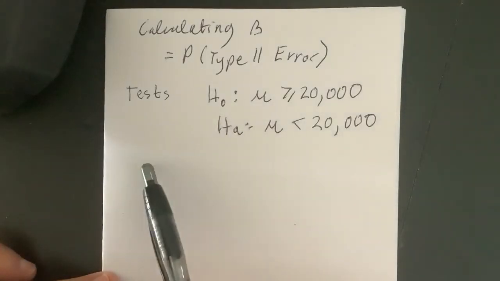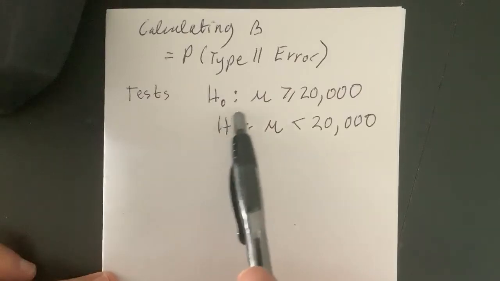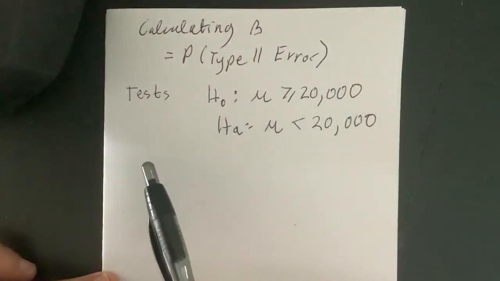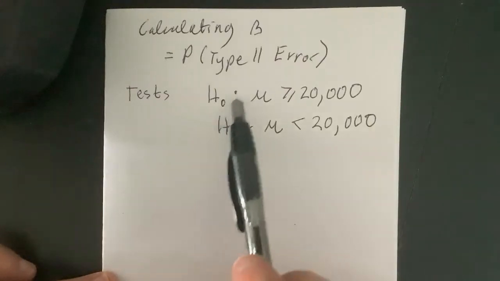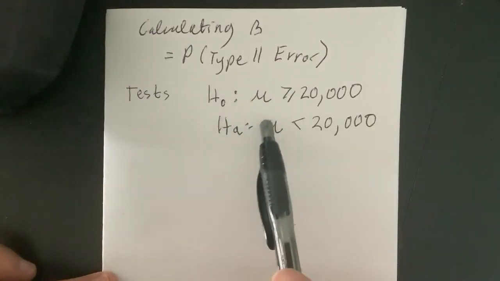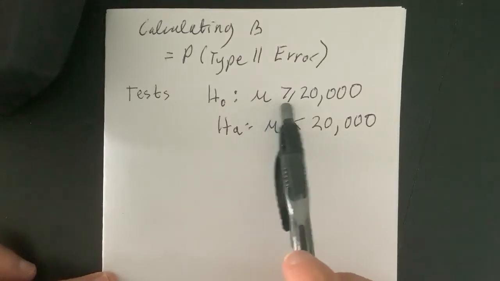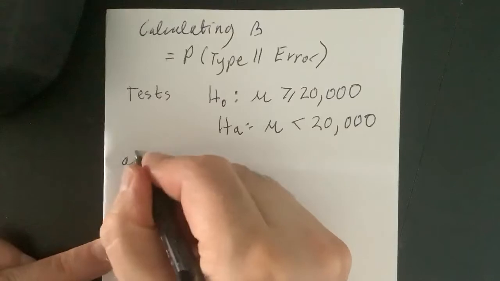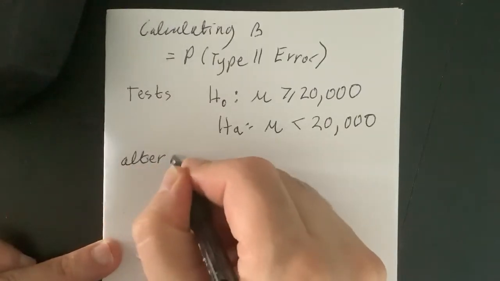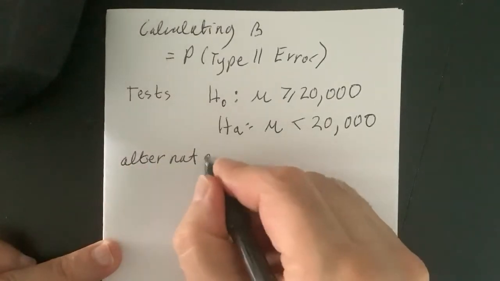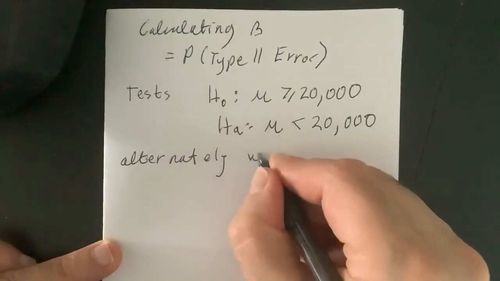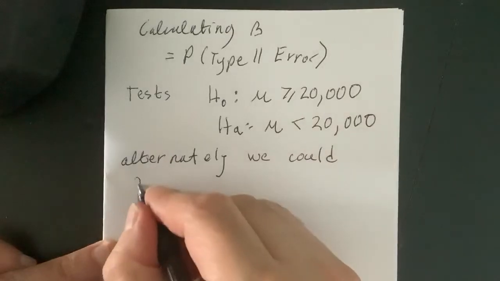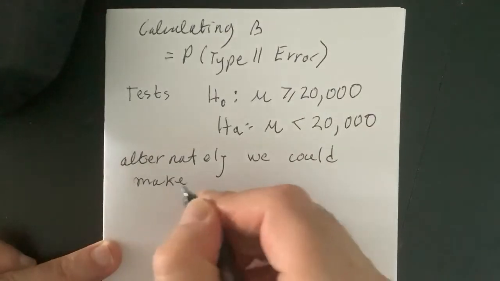Well, another way to do this, and this is the way the book actually introduces it, is they make the null hypothesis just mu equals 20,000. Really, you're trying to reject or not reject that condition, so it's fine to just use the boundary alone. Alternately, and this is the way the book usually does it, but other books do it this way, we could do the same problem, make the same test. It's the exact same test, really.